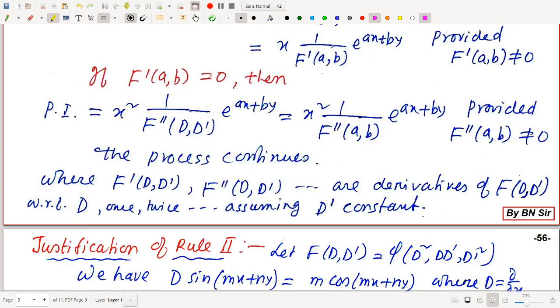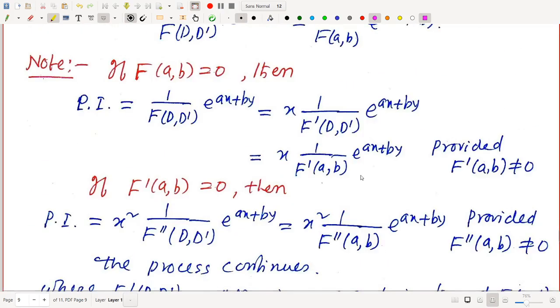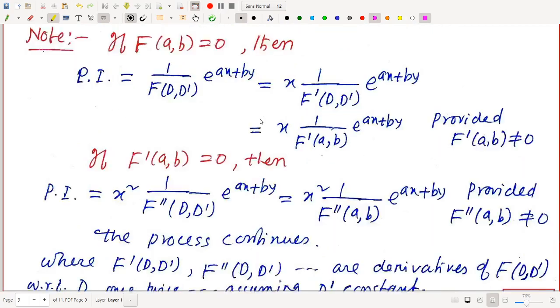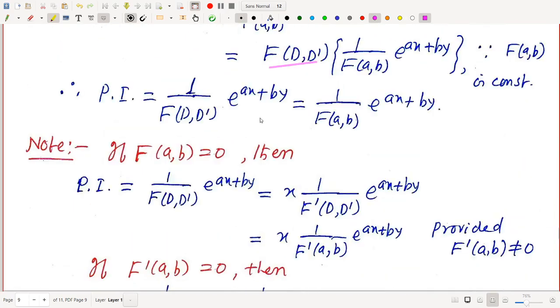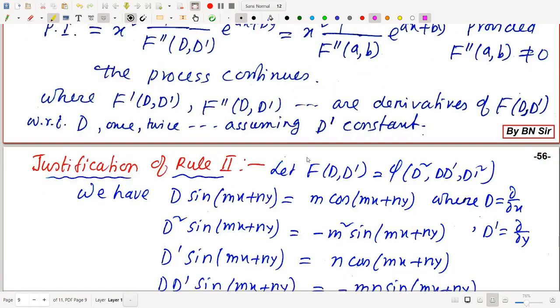The process continues via f dash D comma D dash, f double dash D comma D dash, and so on, derivatives of f of D comma D dash with respect to D once, twice, and so on, assuming D dash constant, as if partial derivatives of f of D comma D dash with respect to D. Now this rule also has a proof, but we are not proving it. Okay, remember this when f of ab becomes 0.